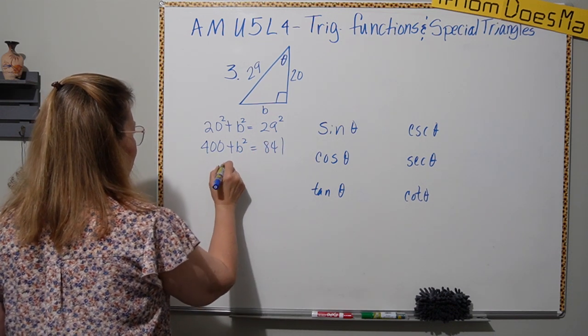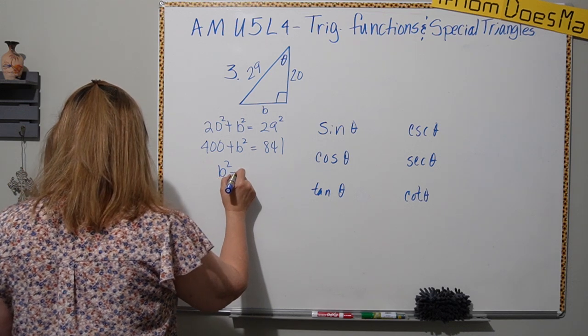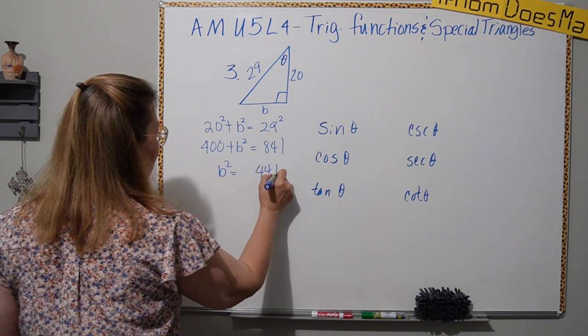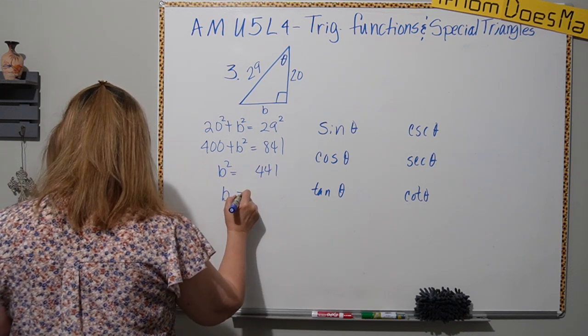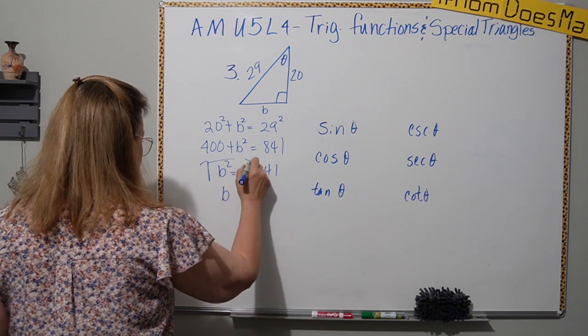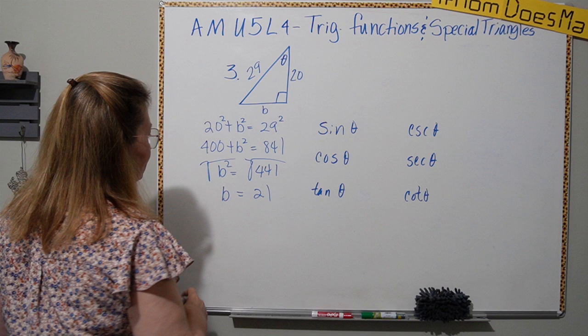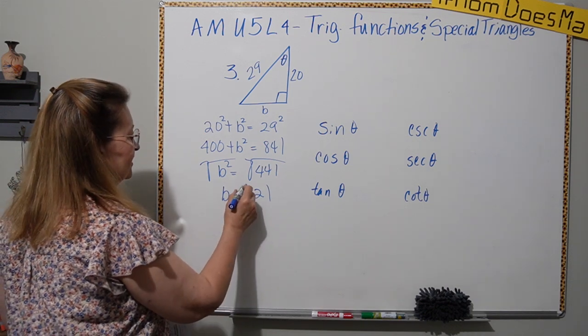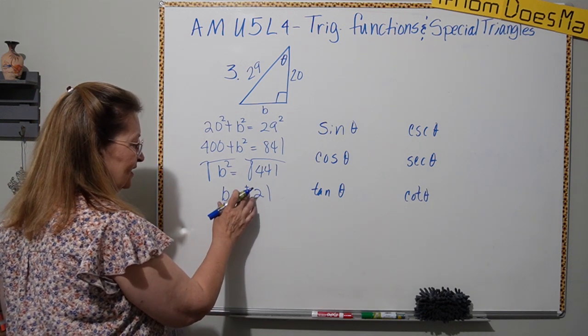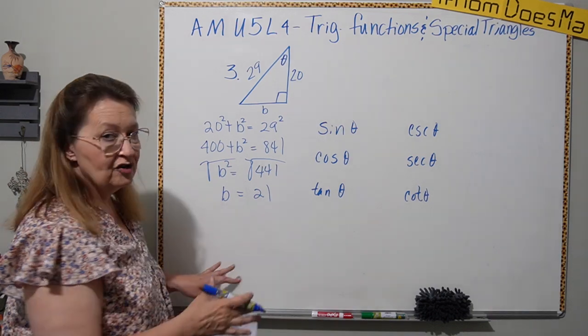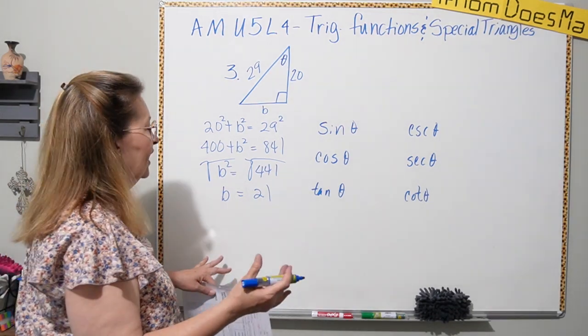Subtract 400 from each side, and b squared is equal to 441. And then take the square root of each side, and that is going to give us 21. Now once again, we're not going to consider the positive negative case here because we're talking about measurement and there is no negative.